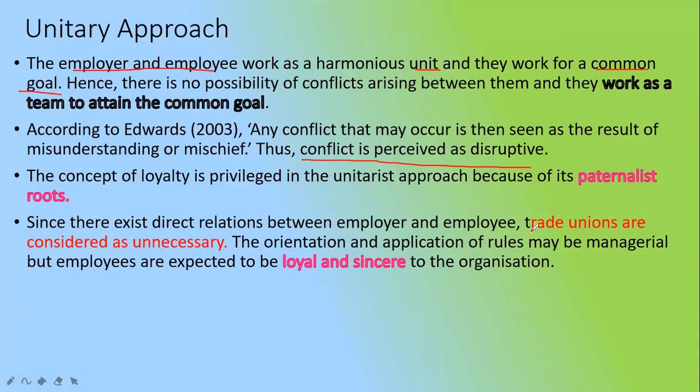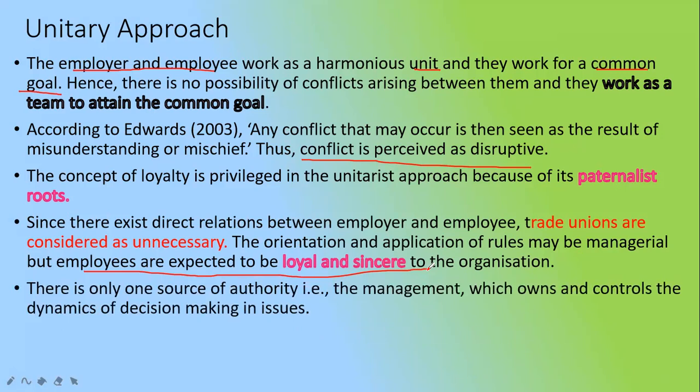The application of rules may be managerial, but employees are expected to be sincere to the organization. So there is only one source of authority, that is the management, which owns and controls decision making. The total power will be in the hands of management.